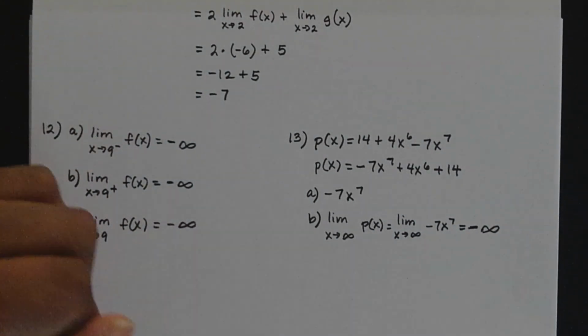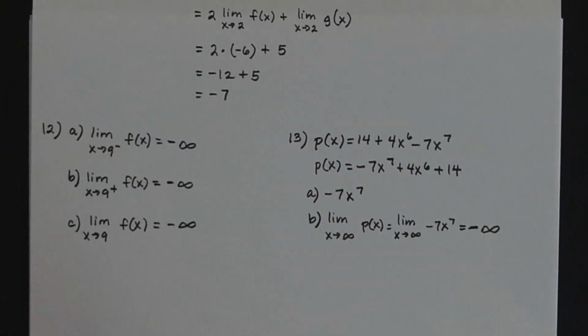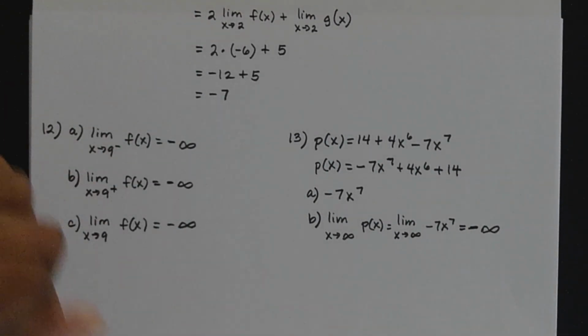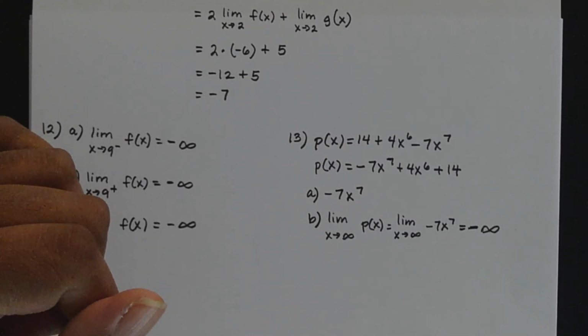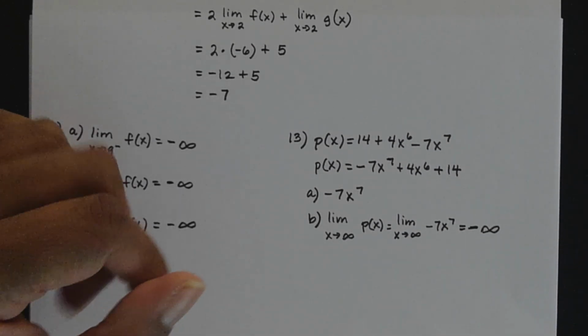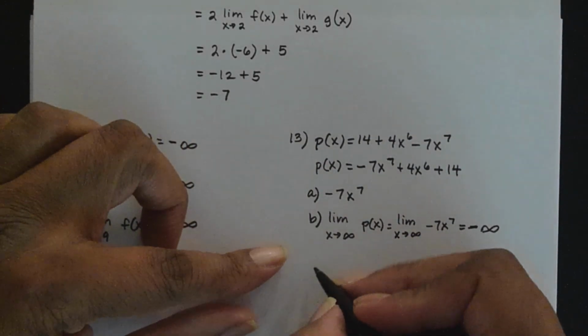Because if it was just x to the 7 and it went to infinity, it would go to infinity. But now you have the negative 7 in front, so it would be negative infinity. Okay. Any other questions about part B?